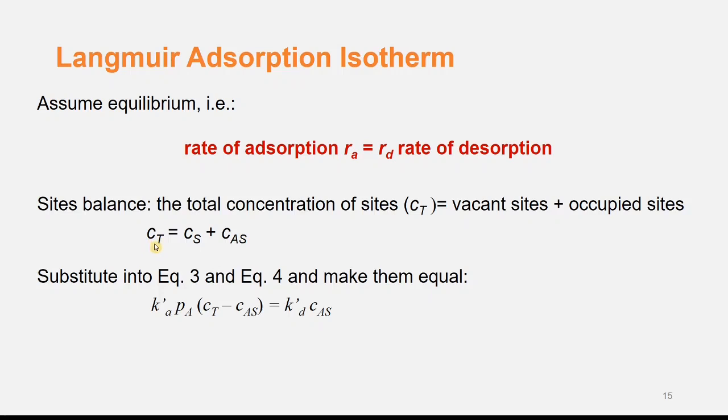The total number of sites, CT, is the number of free sites, CS, plus the number of occupied sites, CAS. Now we can write CS in the adsorption rate as CT minus CAS and get the following equation by equating the forward and reversed rates.